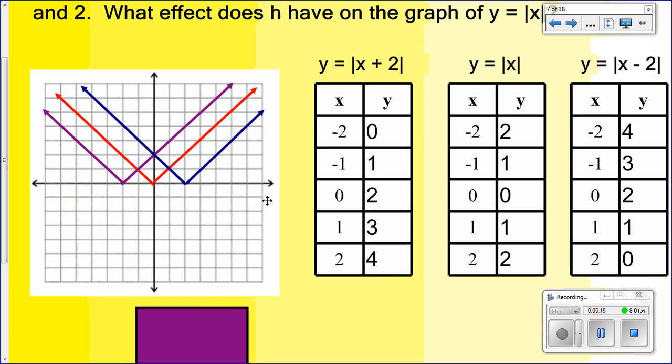Your graph should look like this. Here's the first equation, the absolute value of x plus 2. Our parent function, y equals absolute value of x, is in red. And finally, y equals the absolute value of x minus 2 is in blue.